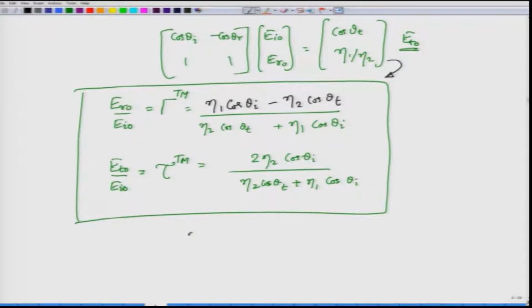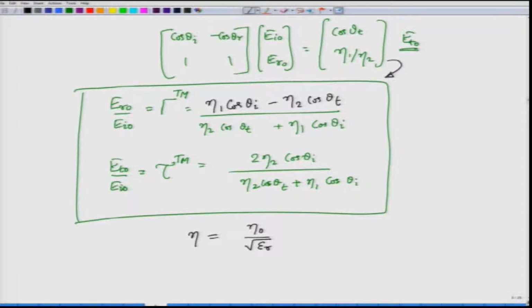Well, we go back to the expression for eta. I will not tell you how this expression has come out, but if you go to any electromagnetic theory textbook and especially look at the chapter on plane waves or on the transmission line coefficient, you would realize that this wave impedance eta is given by free space wave impedance eta 0 divided by square root of epsilon r, where epsilon r is the relative permittivity of the medium.